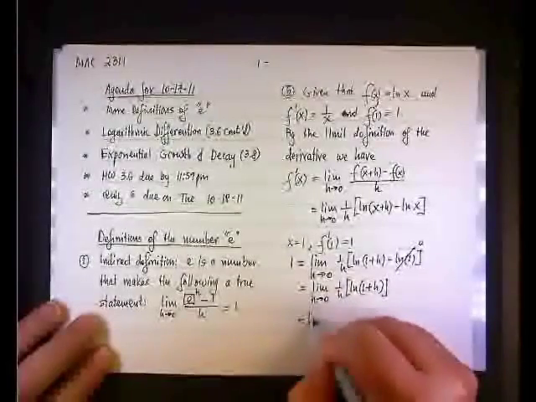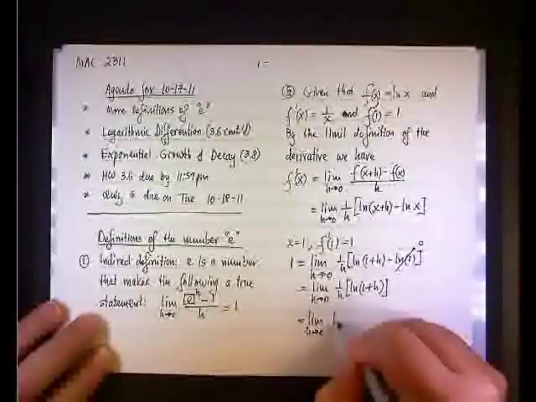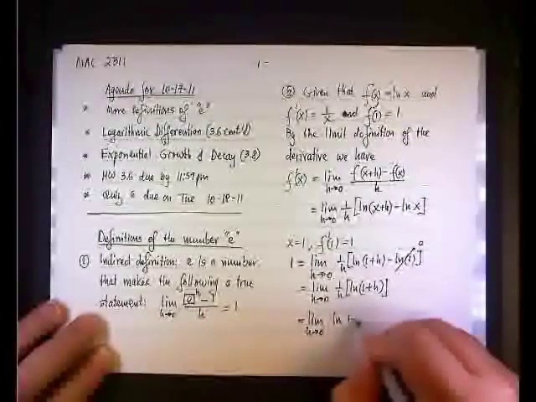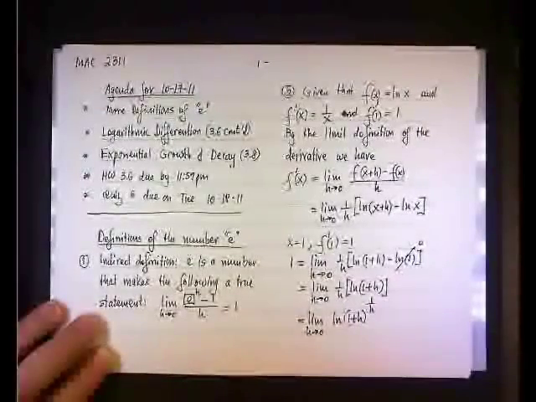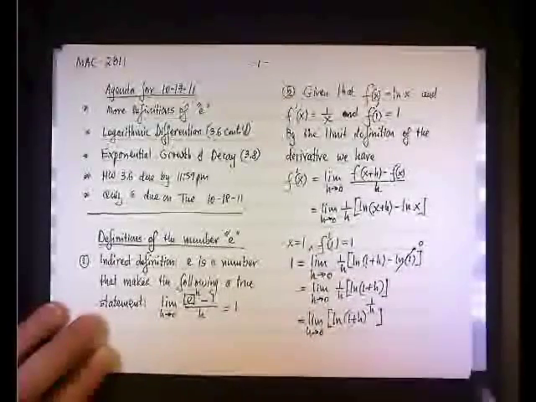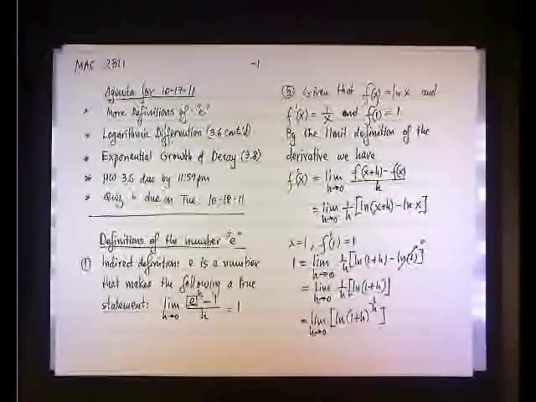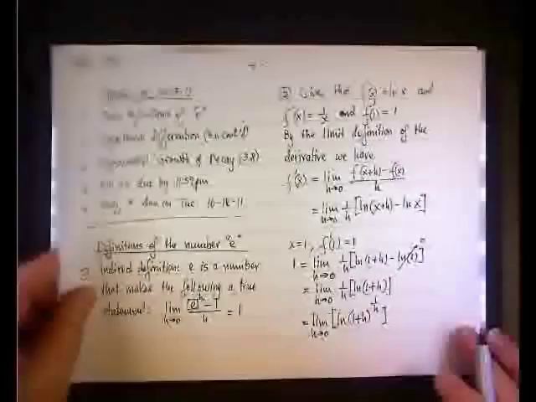We're going to write this as the limit as h approaches 0, but it will be now the natural log of 1 plus h raised to the power of 1 over h, like so. Okay? And of course, everything is inside the limit. Now, we have one more clever thing to do here, and I'll take you to the next page.